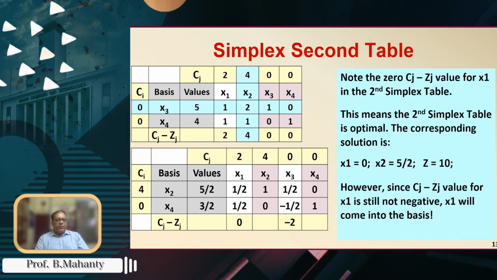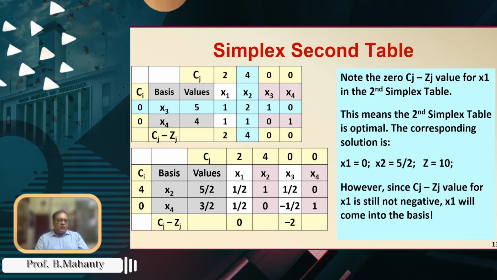And if you recompute the Cj minus Zj values, this time the Zj for x1 is 4 into half, that is 2, half into 0, so nothing. So 2, and Cj is also 2. So Cj minus Zj is 0. And here 0 minus 4 into half, that is minus 2. This is interesting. What is happening?